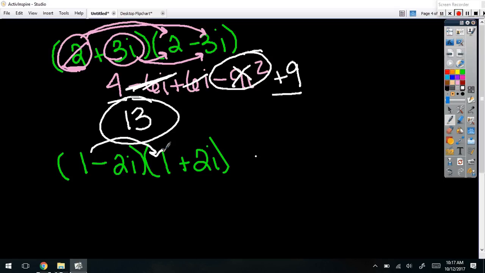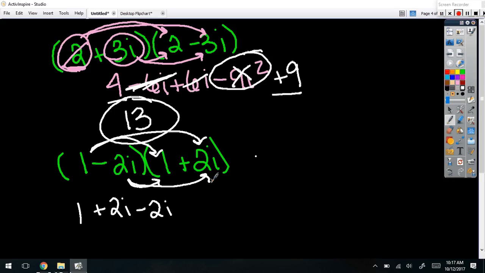Now the second one. 1 times 1 is 1. 1 times 2i, plus 2i. Negative 2i times 1, negative 2i. Negative 2i times 2i is negative 4i squared. And so you cross out the 2i's.